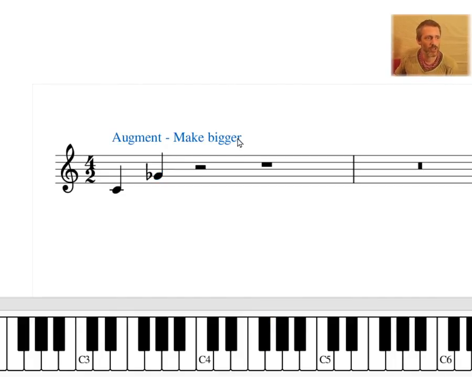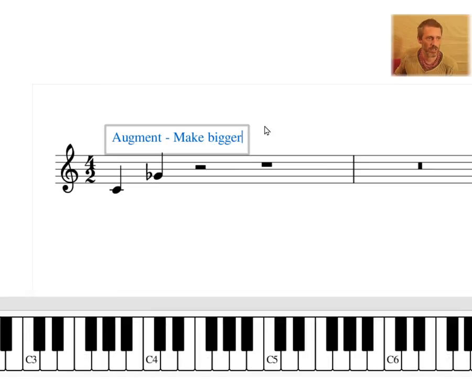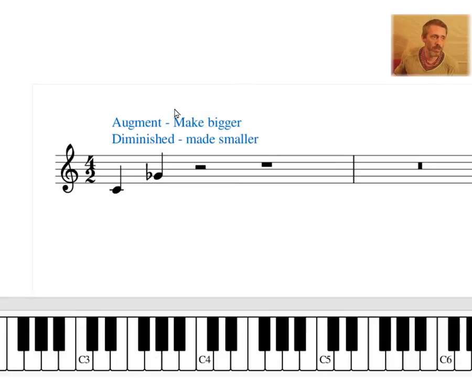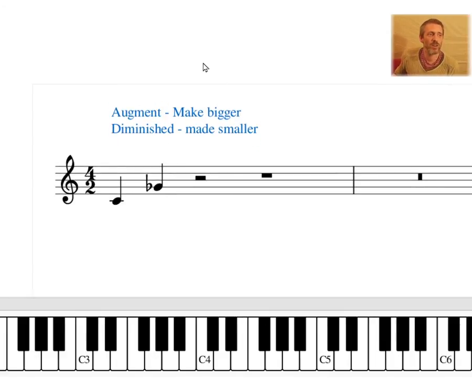So this is our other strange word, diminished, which just means, again, made smaller. So these are our options for describing intervals. If it's been stretched, it's going to be an augmented something. If it's been squished down, it's a diminished something. And you can actually do that to any interval.